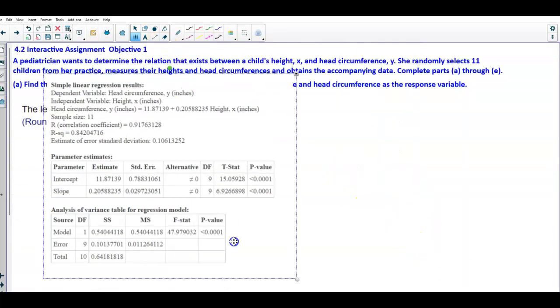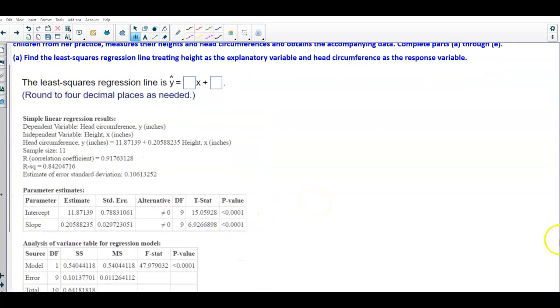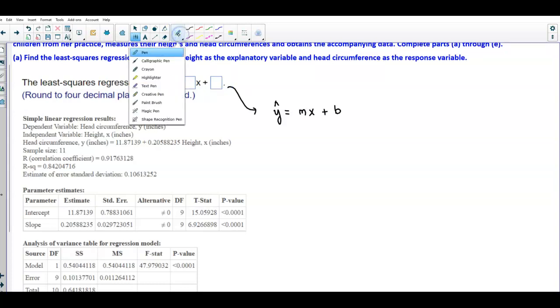So let's take a look at this here. Again, we want the least squares regression line. If you notice, it's in the form of y hat equals the slope times x plus the y-intercept. If we take a look at our question here, we can see that the slope is 0.20588235, and it says we need to round this to 4 decimal places.